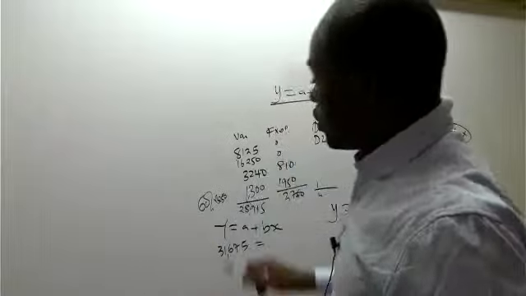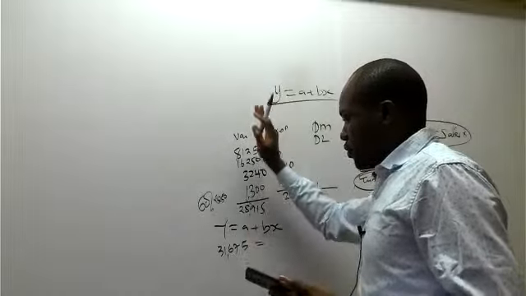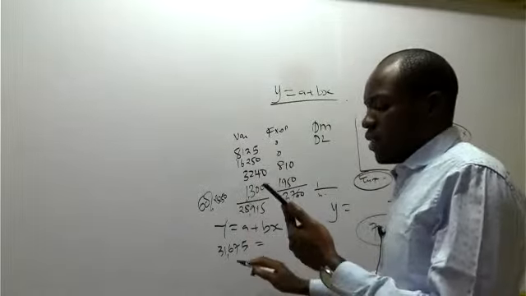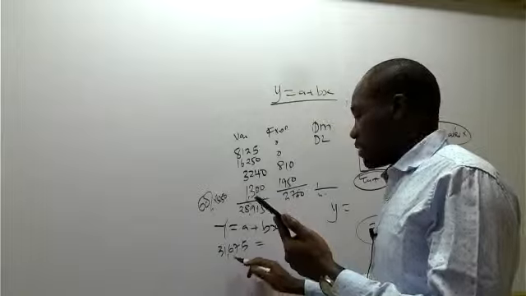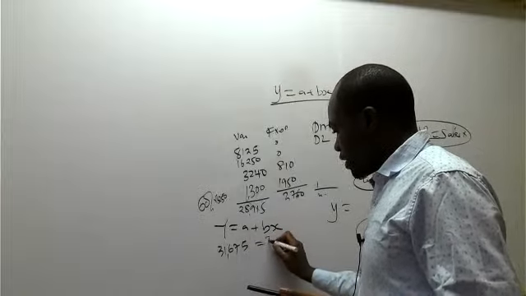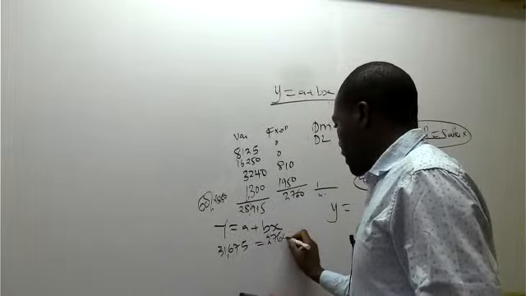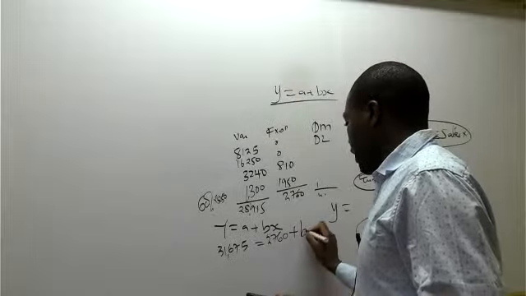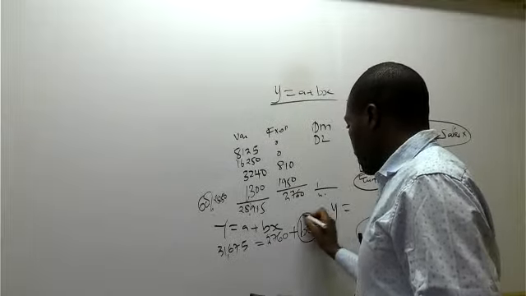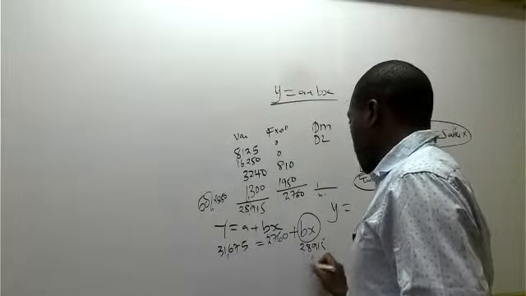Hapo umeambiwa total cost. Walipeana to the total cost, which is 31,675, is equal to fixed cost 2760 plus bx. Hii bx ndio hii total variable cost which is 28,915.